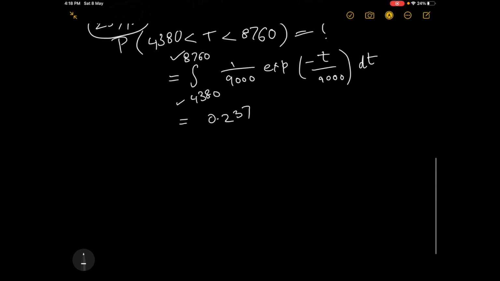Now, I would like to show that it is up to the modeler to assume the model.